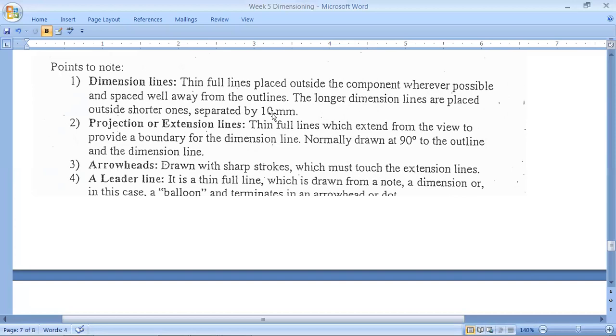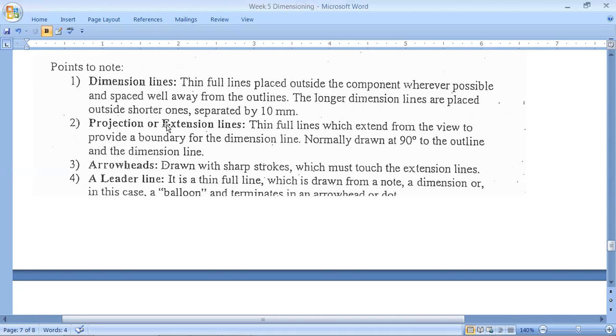You can use 12, 13, 14, it's up to you. It depends on the size of the drawing. If the drawing is smaller, I recommend about 10. As the drawing increases in size, you can increase the space between the dimension lines, to 15 or 16 when the numbers are bigger, for clarity.